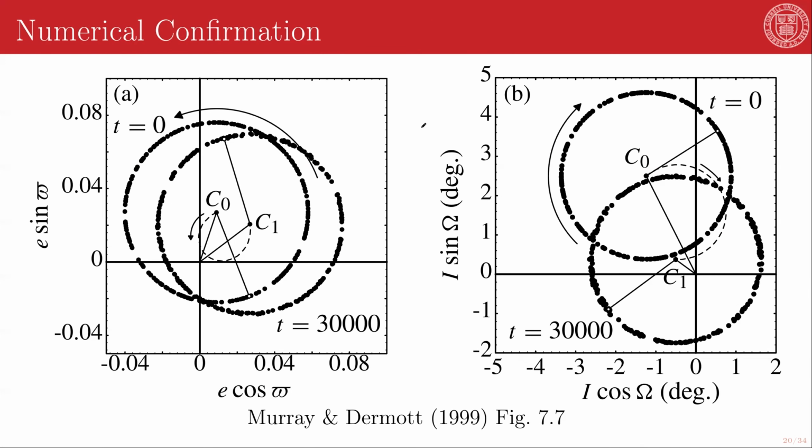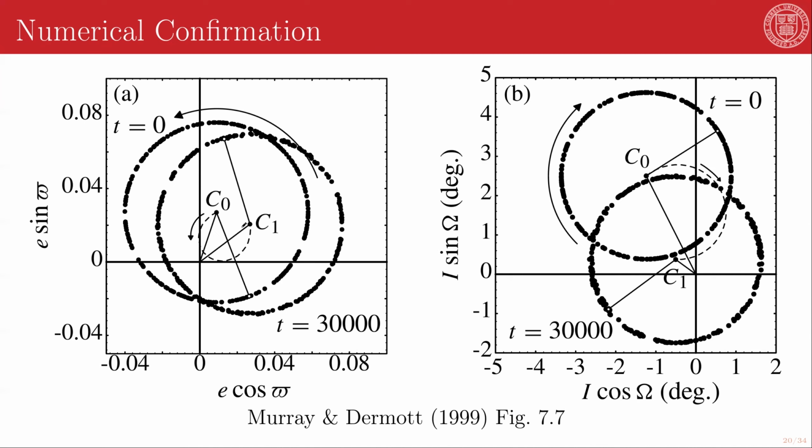This is a reproduction of a numerical example from Murray and Dermott, originally figure 7.7 in the textbook. And this is showing the results of numerical integration for 250 test particles along with Jupiter, Saturn, and the Sun over a period of 30,000 years. Capital C naught here represents the location of the original C naught and D naught, and in this case, the initial location of U naught and V naught.